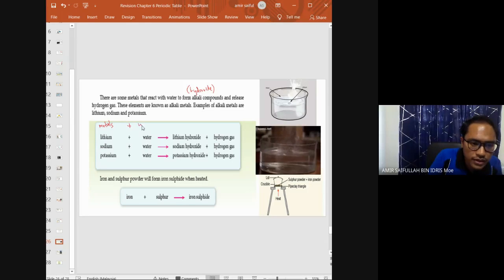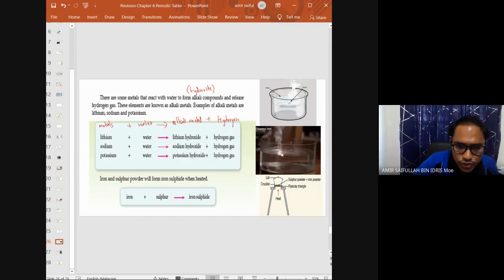When they react with water, they will form an alkali metal hydroxide and hydrogen gas. As you can see here, this guy throws in lithium. Lithium in the water will burn. It will react, and the reaction will produce a new compound, which we call lithium hydroxide.